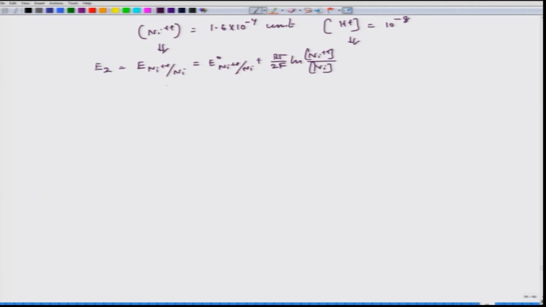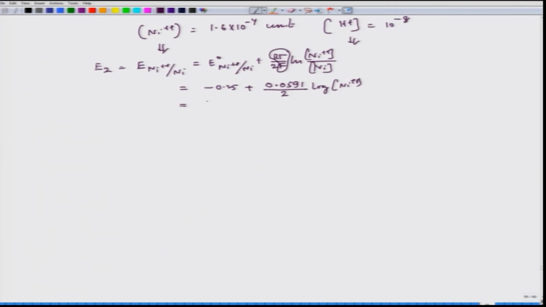This E0 we know is minus 0.25 volt, and at 298 Kelvin and 1 atmosphere pressure, this quantity becomes 0.0591 over 2 log, because when we take logs, the 2.303 conversion factor from ln to log needs to be multiplied with the RT by F factor.